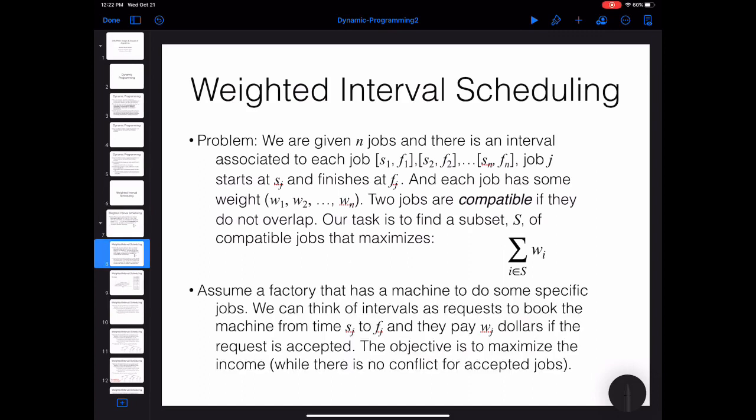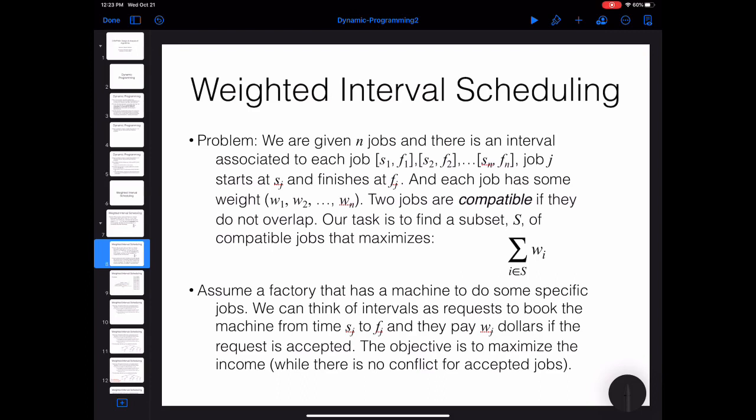And there are many use cases for this problem. For example, just assume that I have a machine, a server, and I wanted to get some jobs from outside. Some people are going to run their program or their jobs on this machine, and there is going to be some specific time slot for each one, and they're going to pay me for their job.